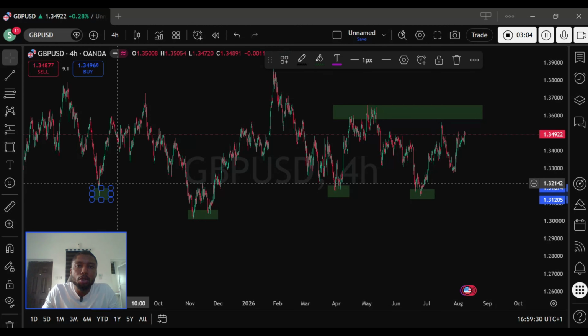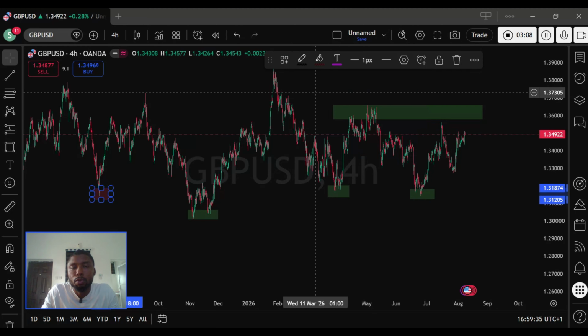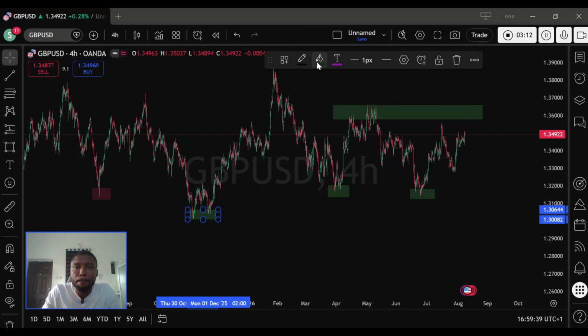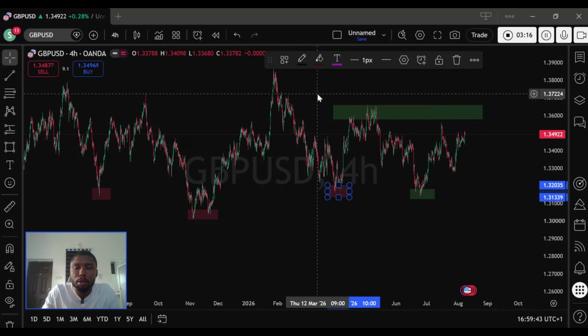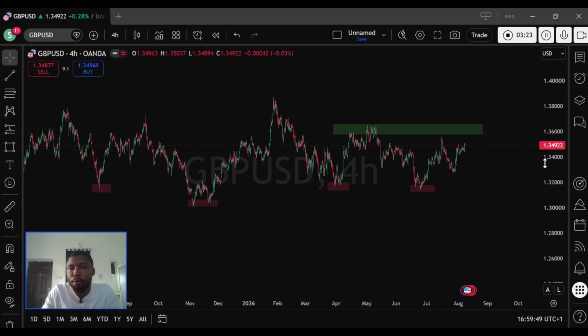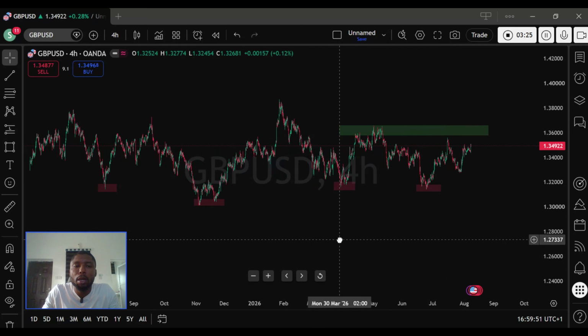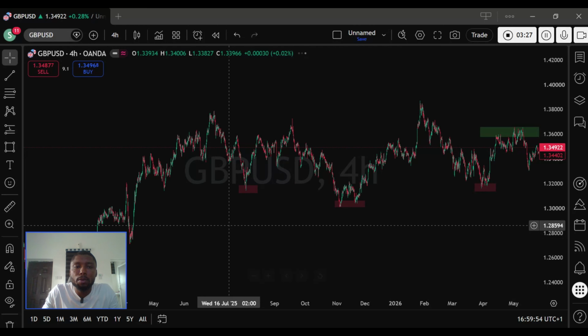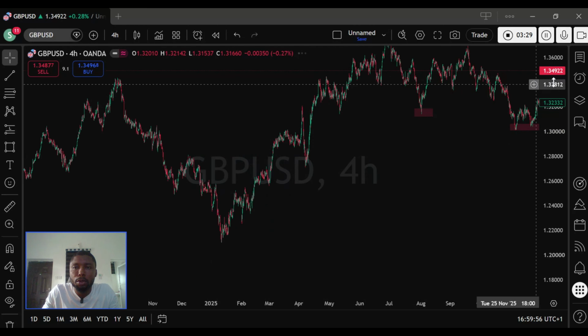So we are going to denote this bottom side using red colors so that you can understand better. We're going to use red for support. Then we are going to use green for resistance. So wherever you see this red, they are our support.